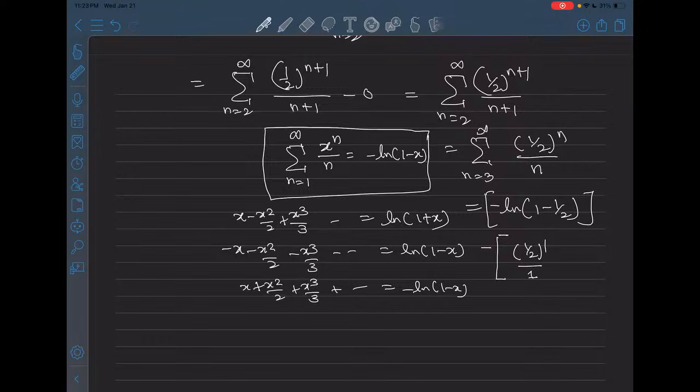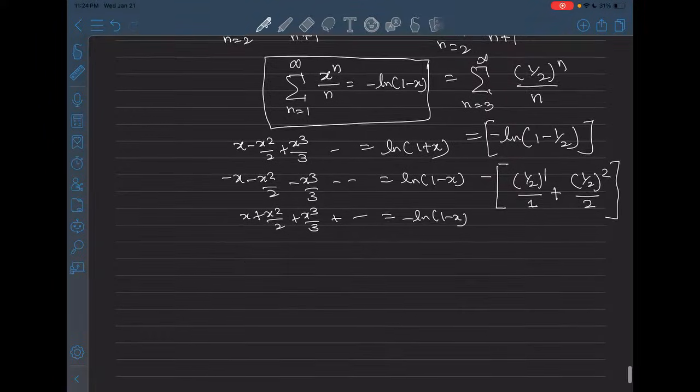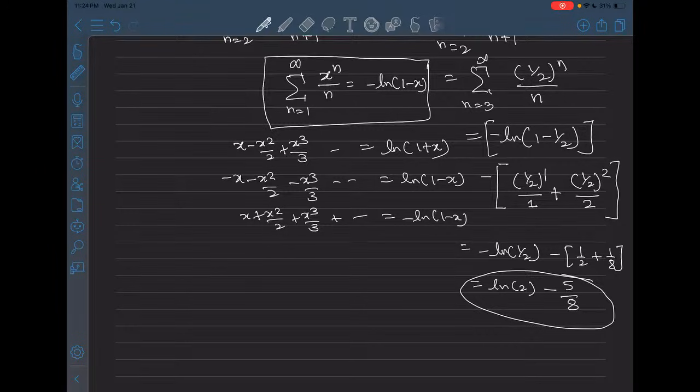For n equals 2, we have half to the power 2 by 2. So we subtract those two terms and we get the answer. The answer will be minus ln of half, minus half plus 1/8. So this is ln of 2 minus 5/8. So ln of 2 minus 5/8 should be the answer.